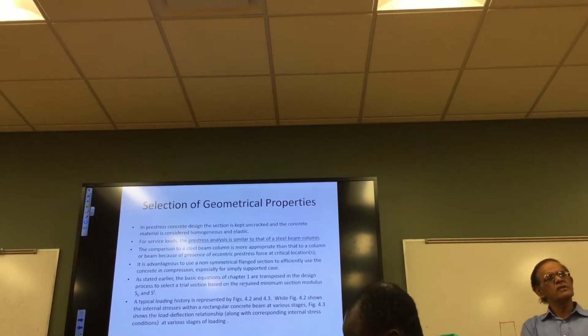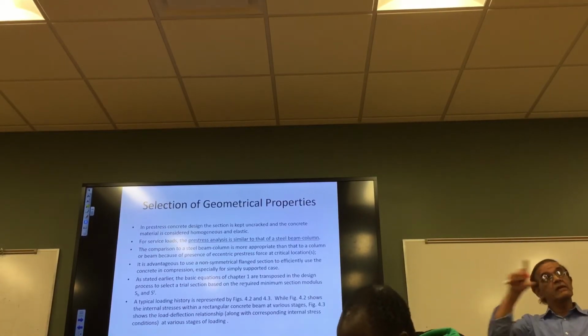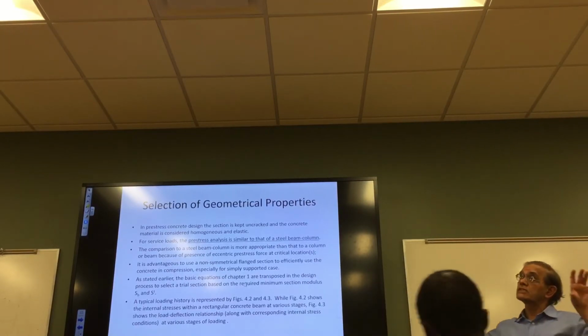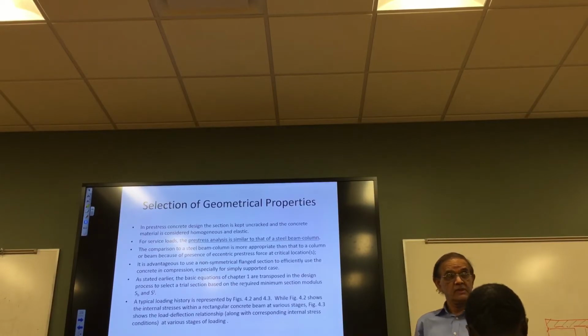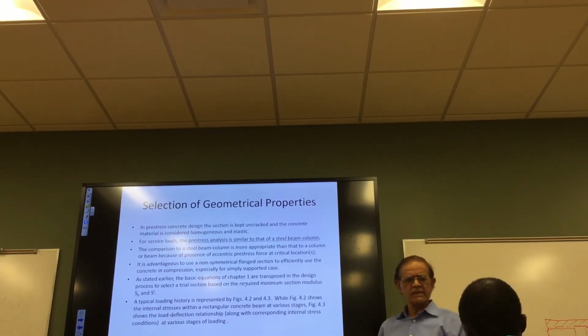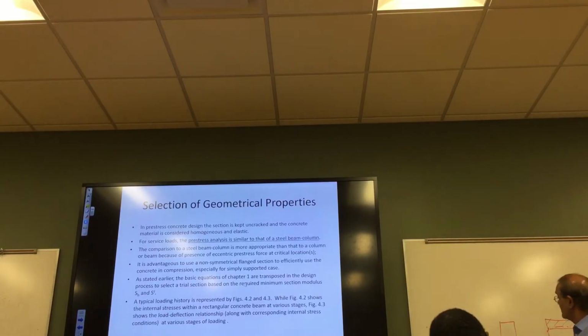So it is still contributing to some extent, but most of the compression is on the top. As you go lower and lower, there's less and less contribution. So it is not as effective as regular reinforced concrete, but it is still better to have what we have seen in the example, which is the double T section.